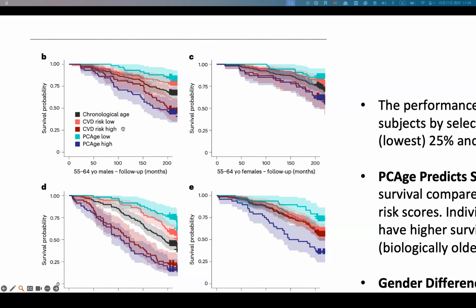It makes sense because PCH high means your health is not very good, so your survival probability is lower than others. So exactly the same line for your study. Yes, but we need to change the y-axis, for example in my case. Yes, but in Ting Xu's settings, literally just survival. Okay. Yes, and you can include the black line, chronological age.